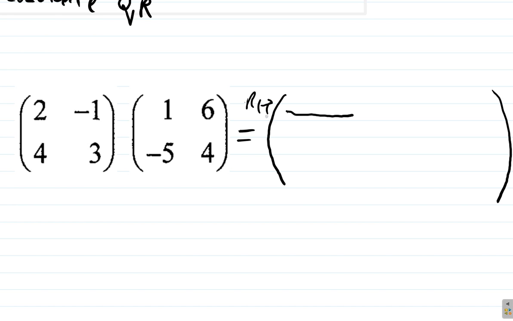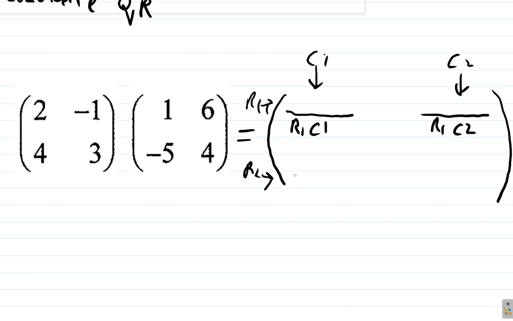Row 1 going across here, row 2 going across here. You're going to have two columns. Column 1 going down here, column 2 going down here. This number is in row 1, column 1. This is in row 1, column 2. This is row 2, column 1. And this is row 2, column 2.